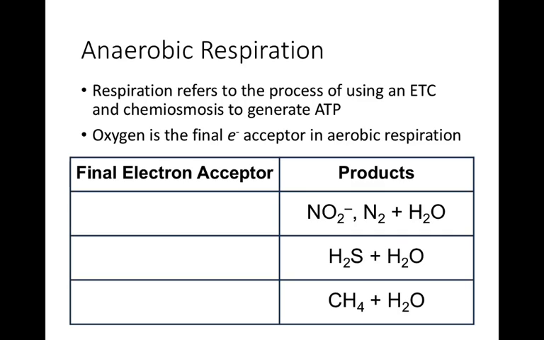So by the time we get to the large intestine, it's largely anaerobic. E. coli switches to a different form of respiration. They use nitrate as a final electron acceptor in this case, allowing them to still generate ATP, just not as much as they would generate by aerobic respiration.